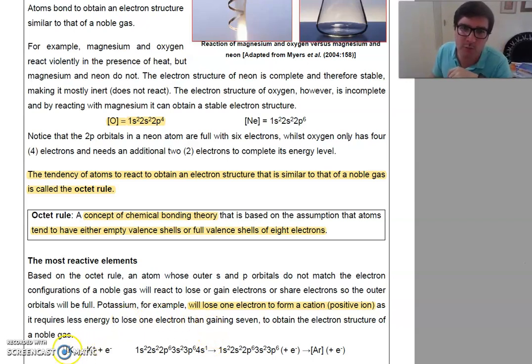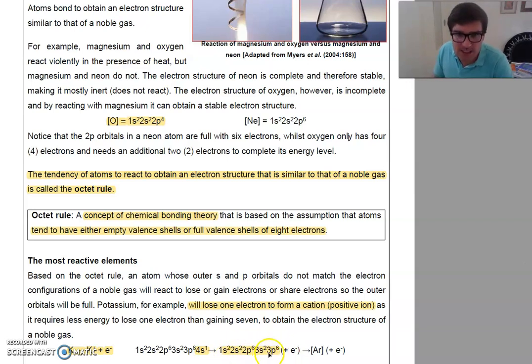And therefore potassium, we know group 1 elements form ions with a charge of 1+ by the loss of 1 electron. So if we look at the electron configuration of potassium, there is the 1 electron. It will lose that 1 electron to then have a full outer shell.